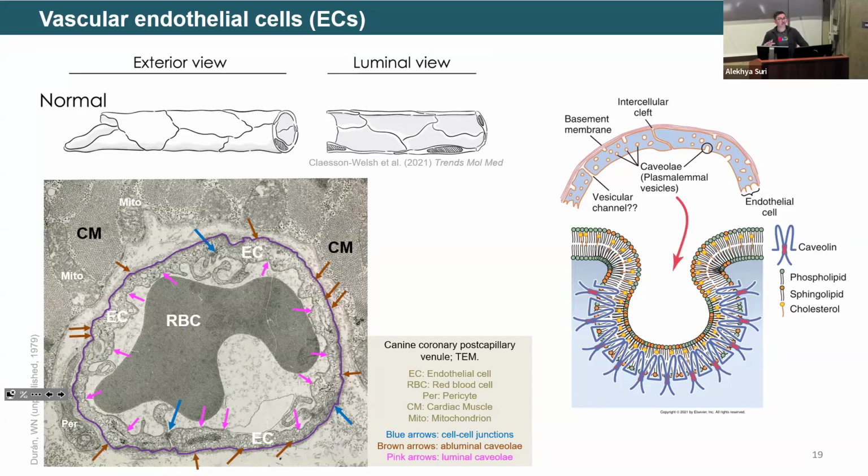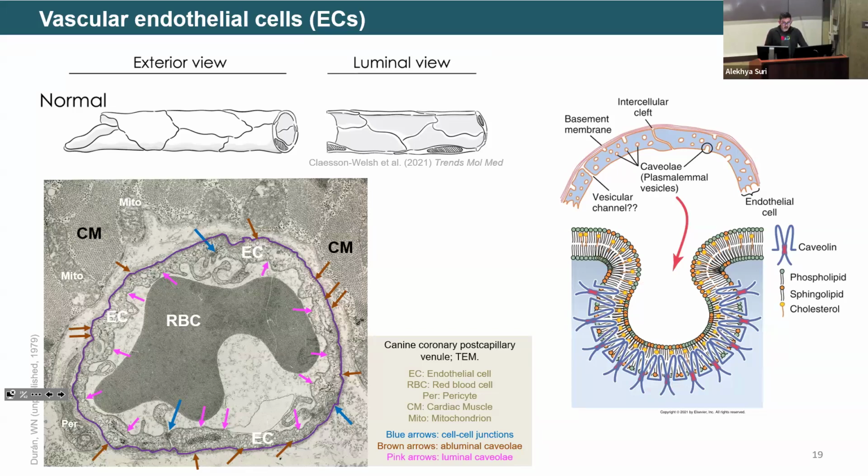Lipid rafts are regions of the plasma membrane that have especially high concentrations of some lipids, including cholesterol. So these caveolae tend to locate in areas of the membrane with a lot of lipid rafts.